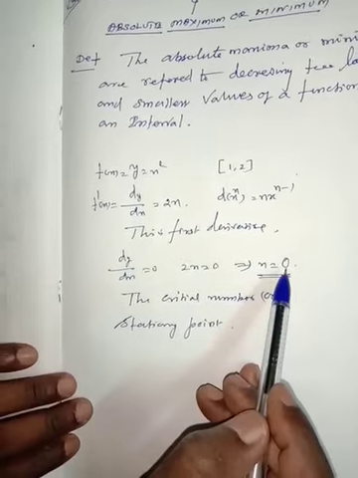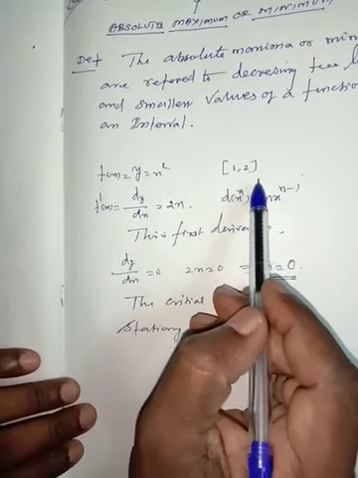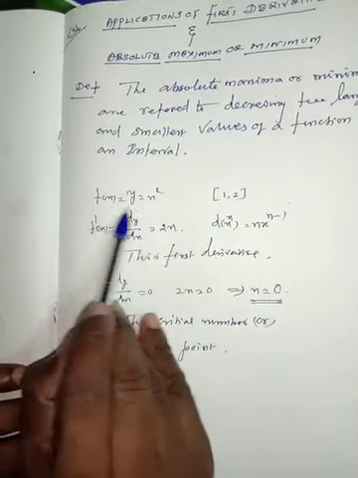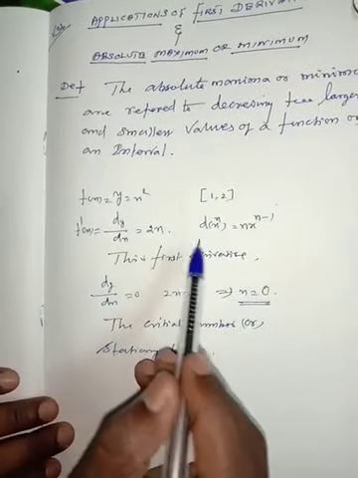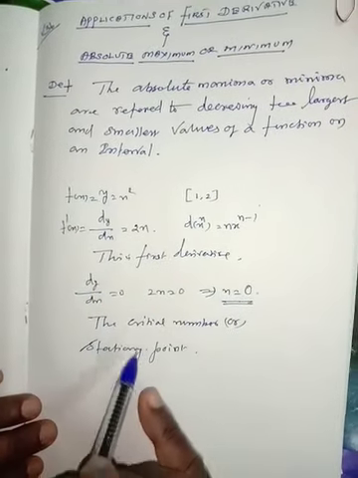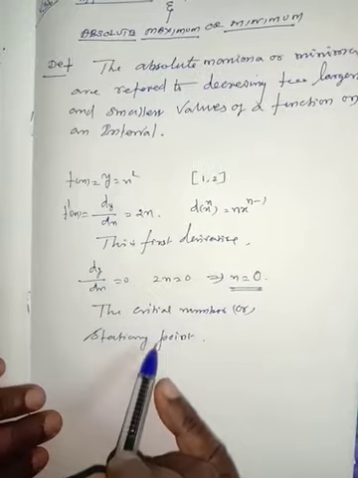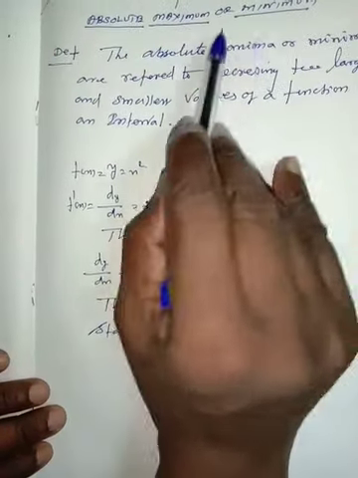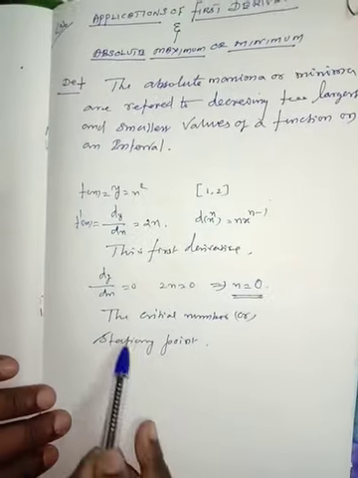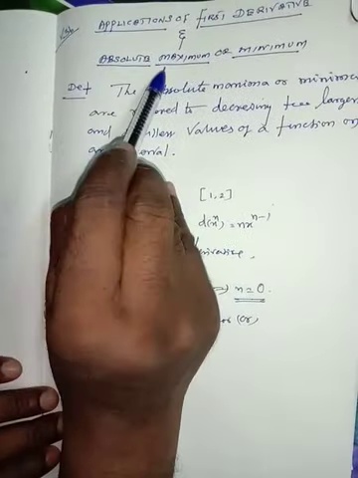Suppose we apply 0, 1 and 2 in the function f of x and get a negative value, then it is a decreasing function. Decreasing function means a minima, increasing function means a maxima.